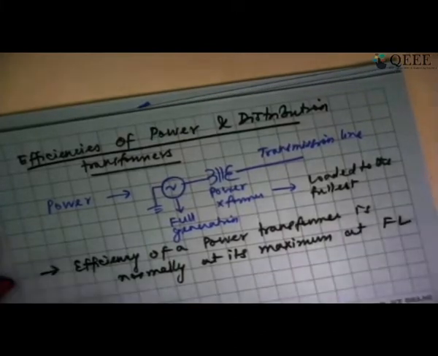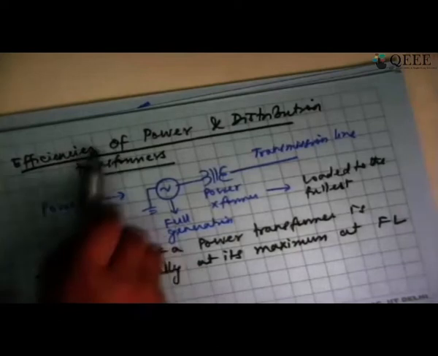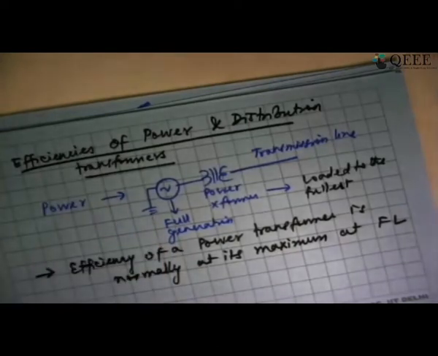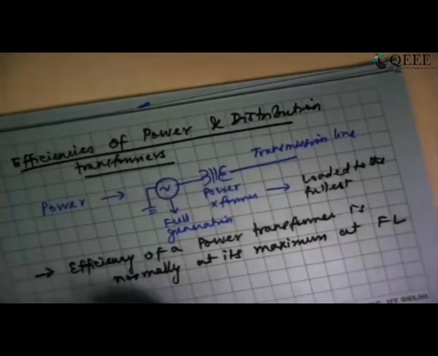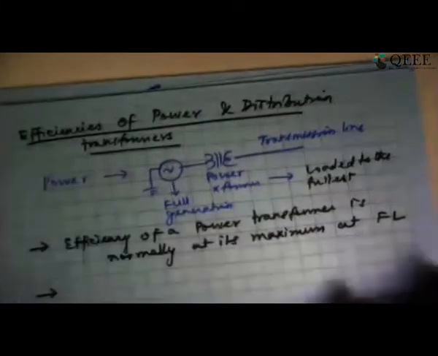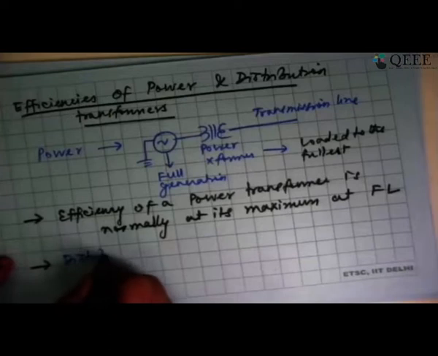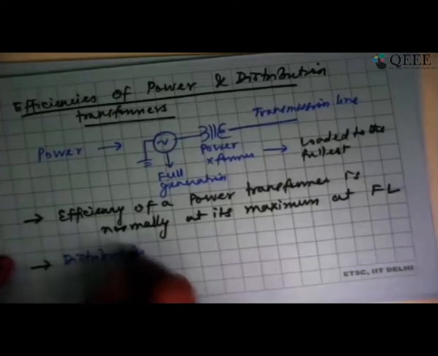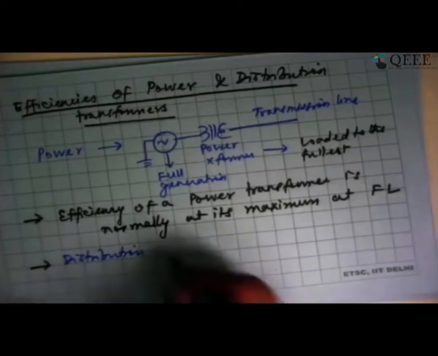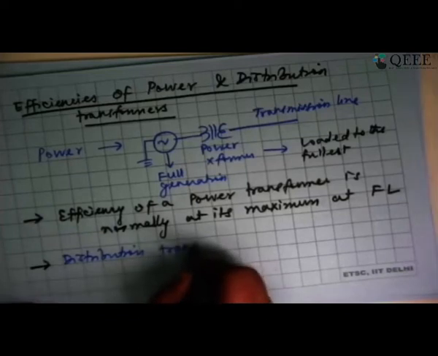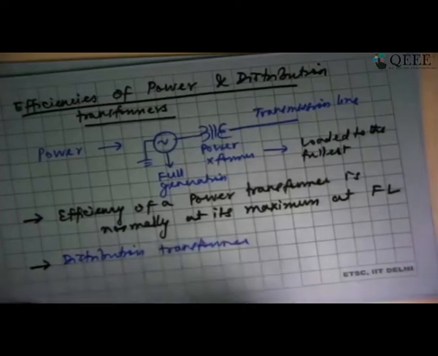Whereas if I look at a distribution transformer, whether it is supplying to 10 houses or one house, it has to be always on. I cannot say that only one house is having electricity right now, the others are not having anything on, so let me just switch off the distribution transformer. I can't say that.